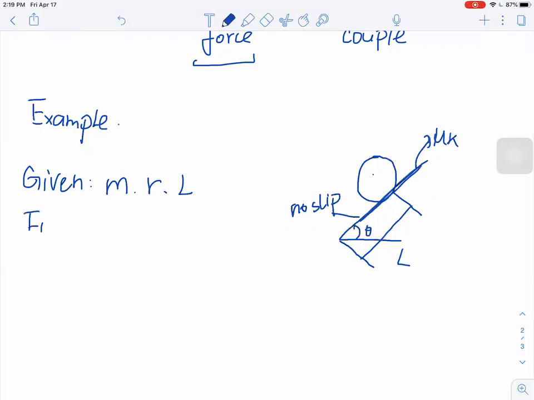We need to find out what's the speed of G, the center of mass. So G is here, G at the bottom.